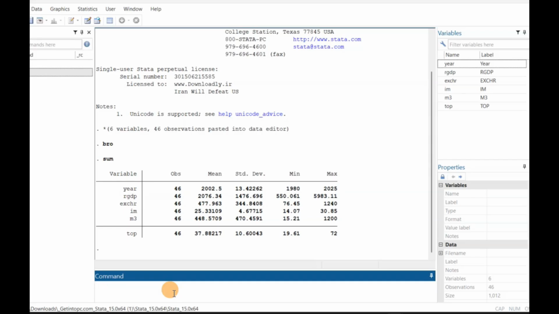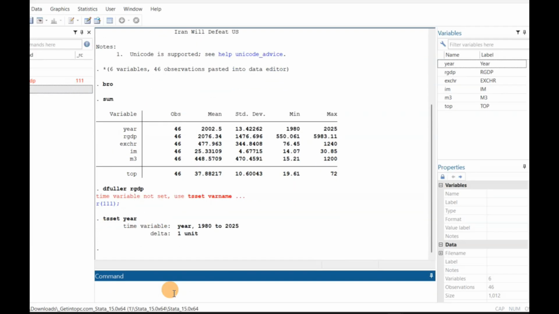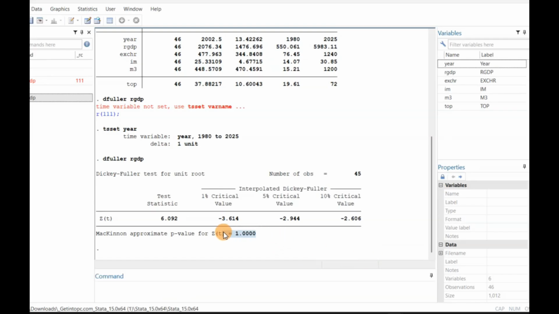Okay, test for stationarity for all the variables. Dickey-Fuller. So you need first of all to set the time, and then do the Dickey-Fuller for all the variables. So you can see that the GDP is not stationary.